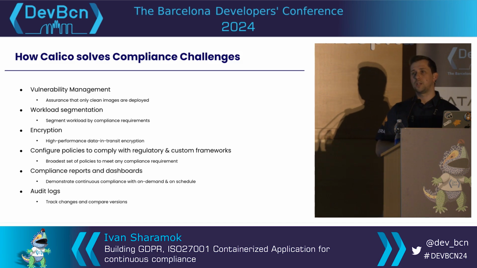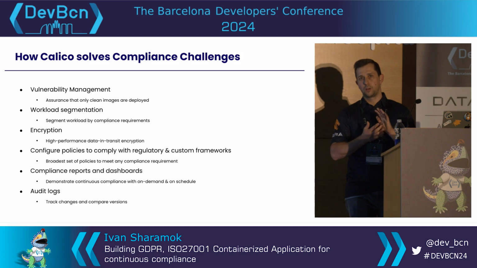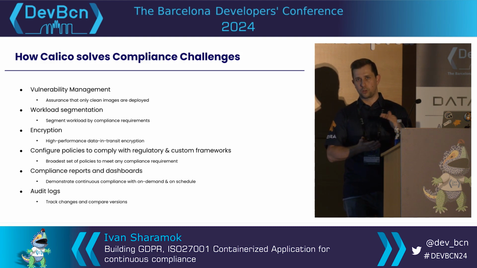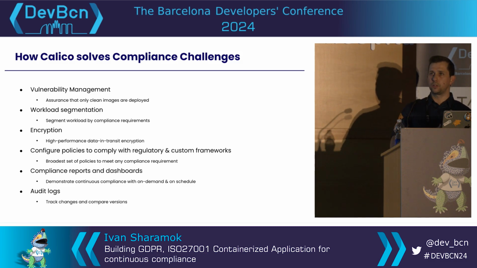It's a database of vulnerabilities, so we give you the inventory of what you have in the images mapped against known vulnerabilities. You can see what level of exposure you would have if you deploy those images in your cluster.